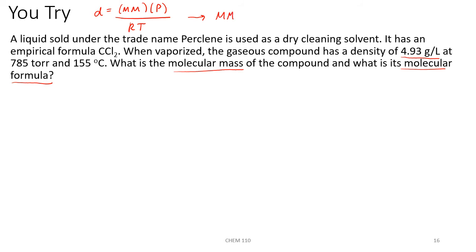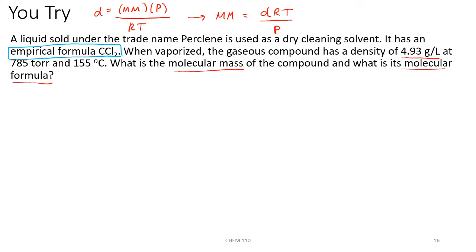The molar mass will be equal to the density times R times temperature divided by the pressure. So first we have to find the molar mass of our compound. Then when we find the molar mass, we can come back to the empirical formula that we were given and use that in order to figure out what our true molecular formula is.